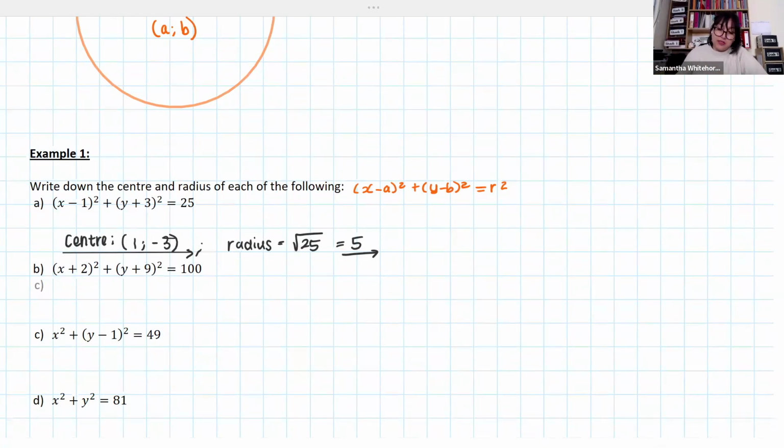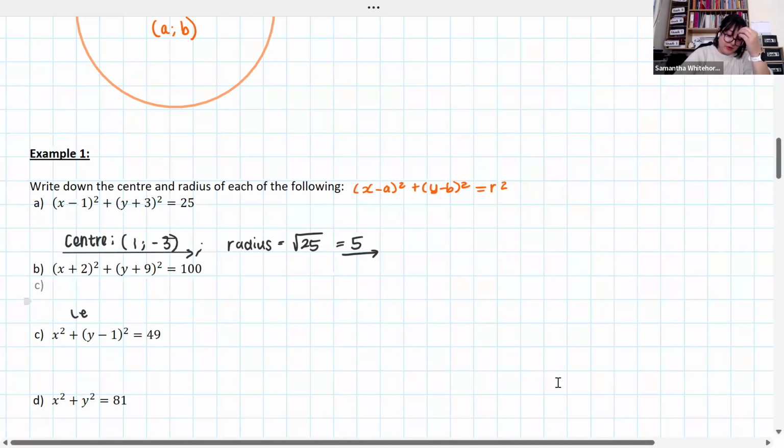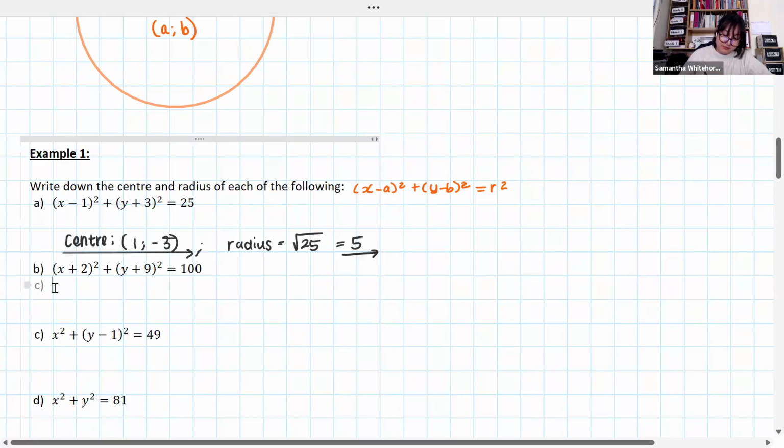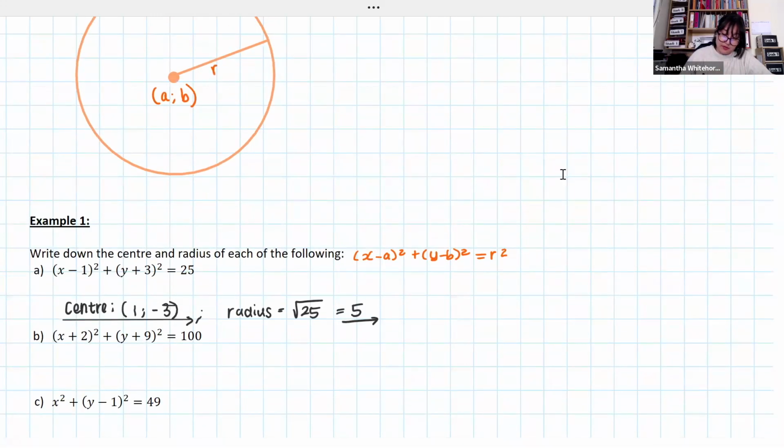I just need a coordinate for the center and the length of the radius for the second circle in question B. Remember, I want the center and I want the radius of question B.